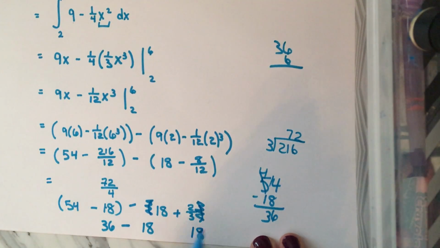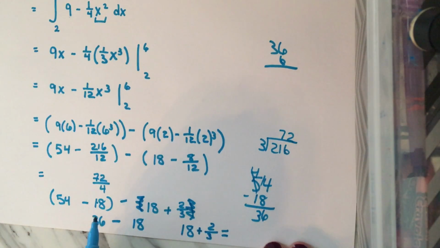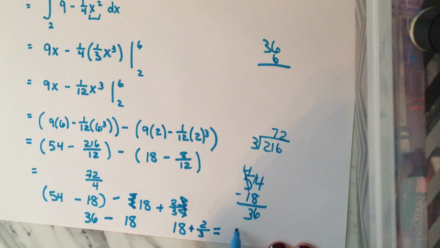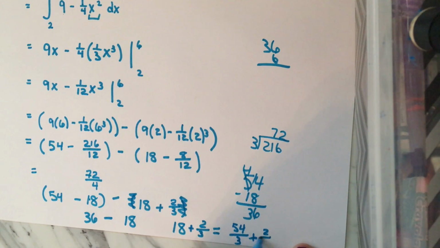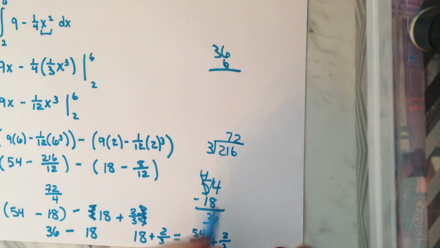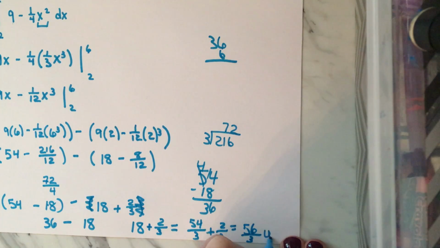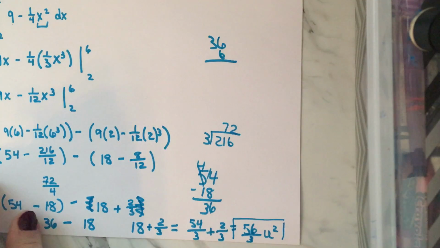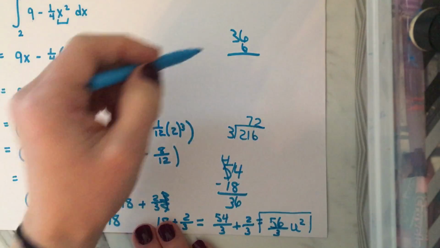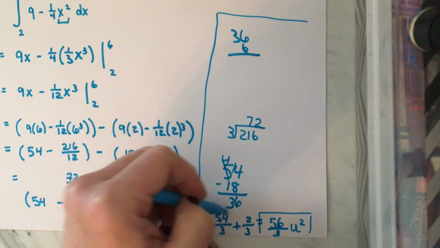Oh, you can't see any of this. 18 plus 2/3, which would be 54 over 3 plus 2/3, and that would give me 56/3 for my final answer. I don't think that reduces. No, it doesn't.